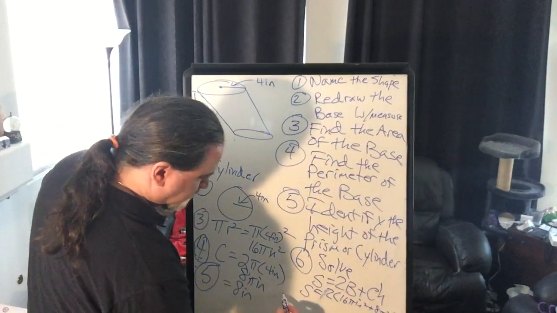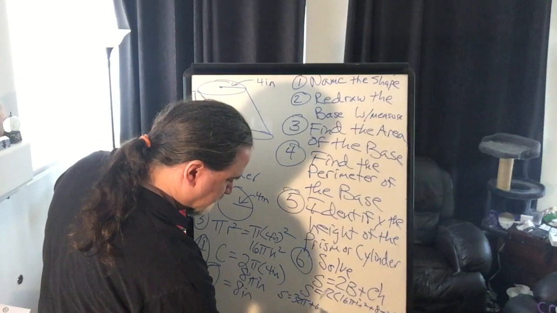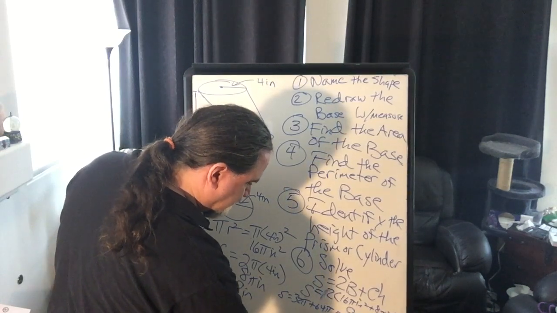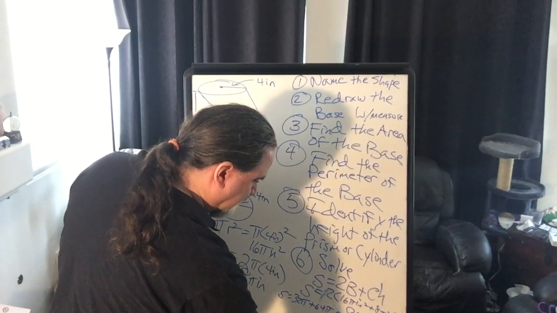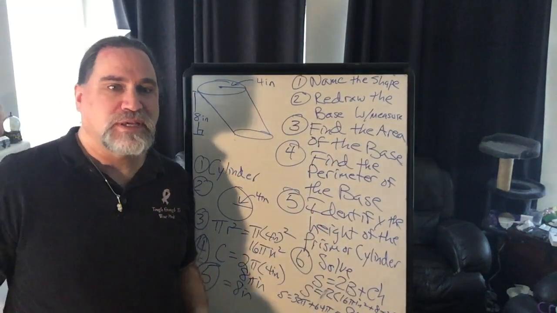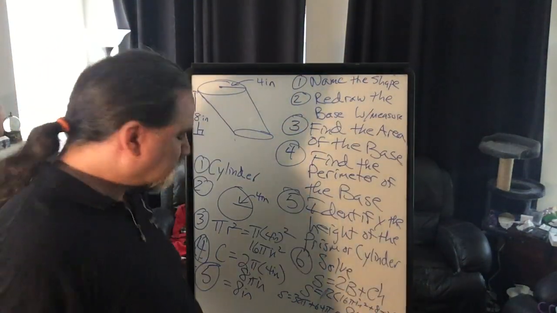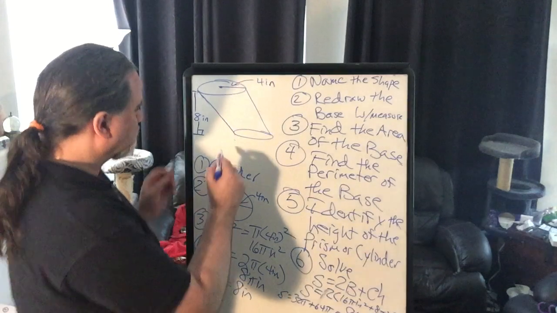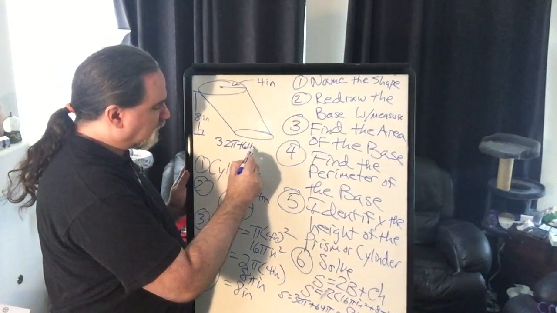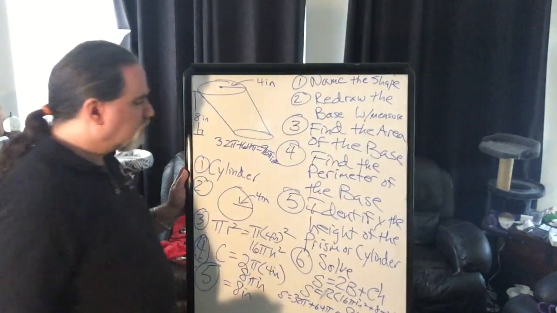And we're going to get 32 pi plus 64 pi. I'm just leaving the units off for one second here, and get 96 pi inches squared. I don't know if you can quite see that, probably not. Let's put it up here. So we got 32 pi plus 64 pi equals 96 pi inches squared.